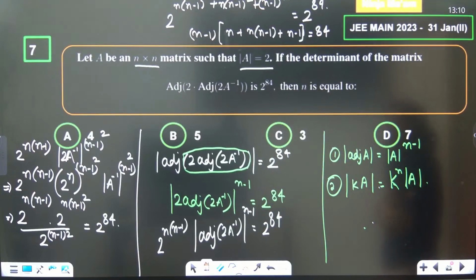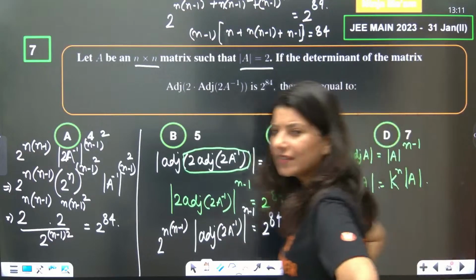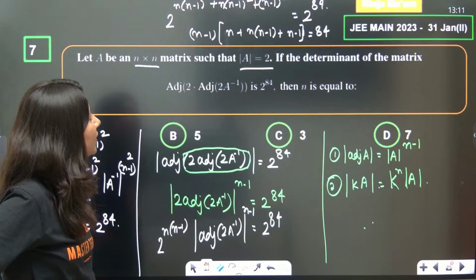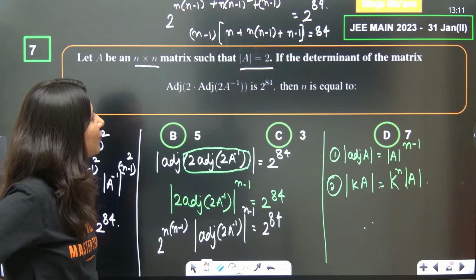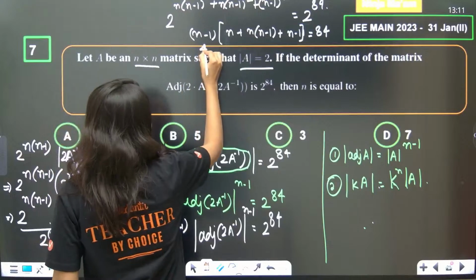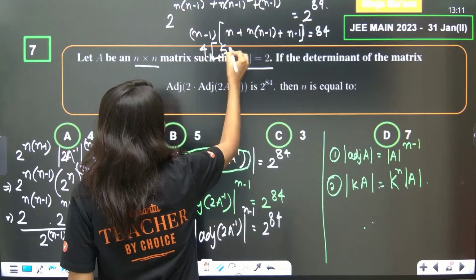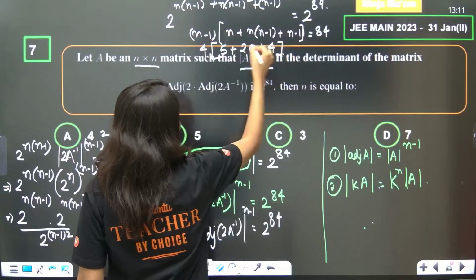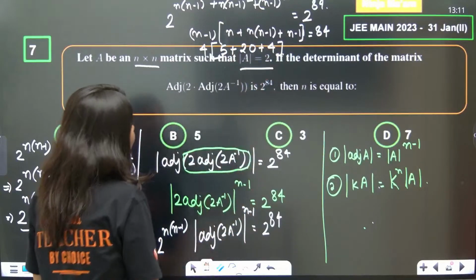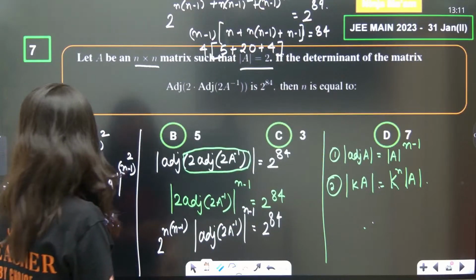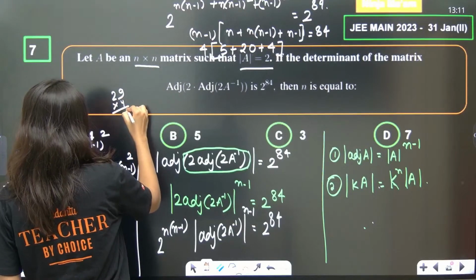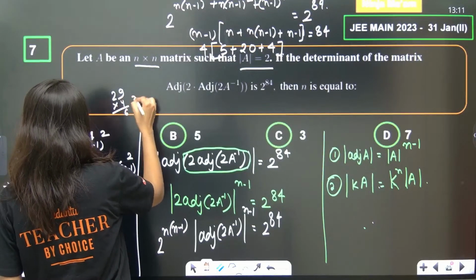So if you solve this, n equal to 5 will satisfy. Let's see if n equal to 5 is satisfying or not. If you put n equal to 5 here, n minus 1 will be 4. This is 5 plus 5 into 4, 20 plus 4. So this is 29 into 4. 9 4s are 36, 3 carry, 4 2s are 8, 9, 10, 11.